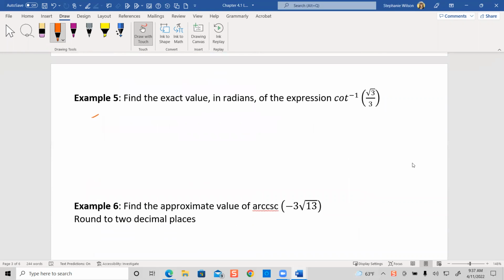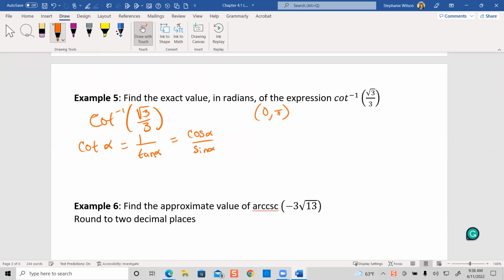All right, so we're going to find the exact value in radians of the expression cotangent inverse. So let's write that down. Of square root 3/3. I know that the interval for cotangent is going to be 0 to pi. All right, and then I can rewrite cotangent alpha as 1 over tangent, which we know is cosine alpha over sine alpha.